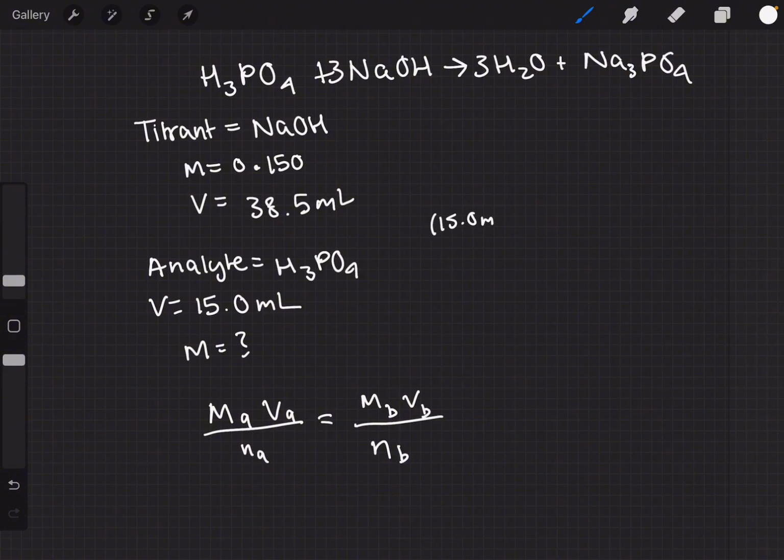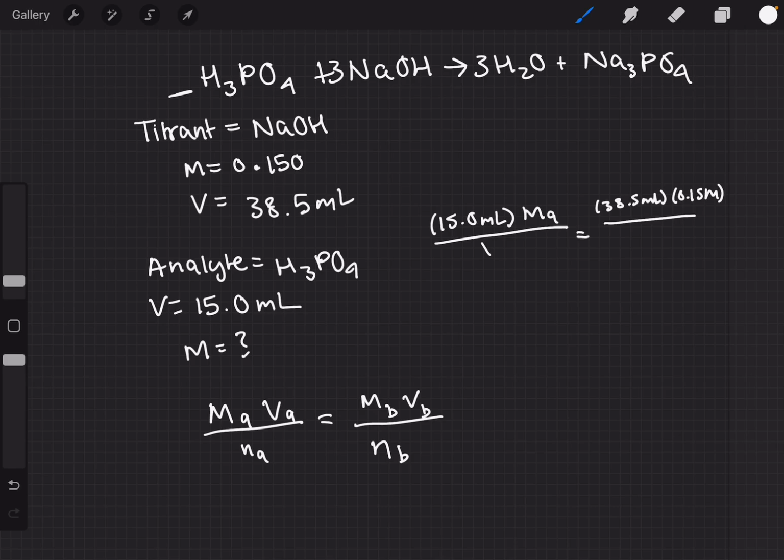So in this case, we would be writing 15.0 milliliters of our acid. Don't know the molarity. That's what we're trying to find. And then we had 1 mole of that in our initial equation, like right here. That means one. And then 38.5 milliliters of our base, and the concentration of that was 0.15.